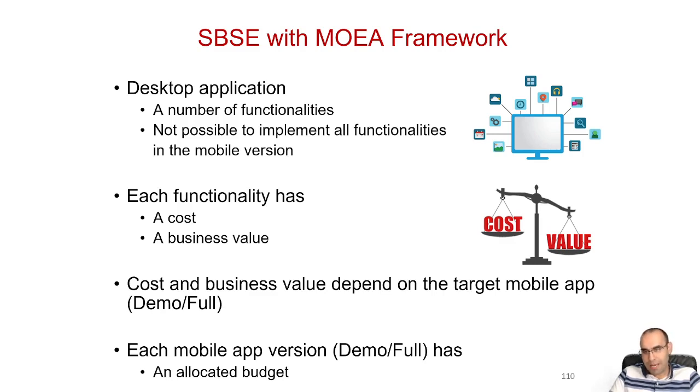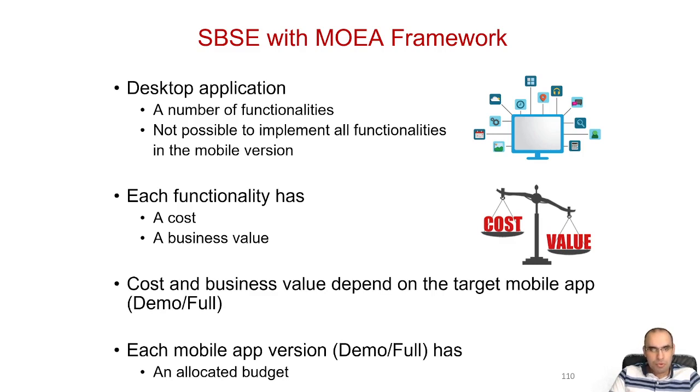The software migration problem that we will be solving in this case study is very similar to the knapsack problem, except that we now have two versions, a demo and a full paid version, instead of a single knapsack, to hold the required functionalities to be provided to the users.